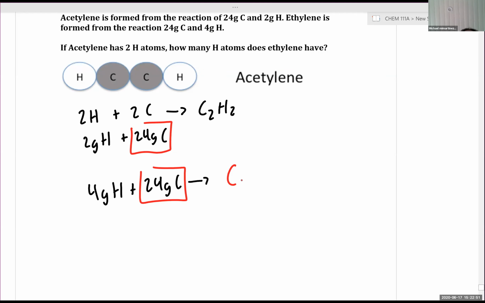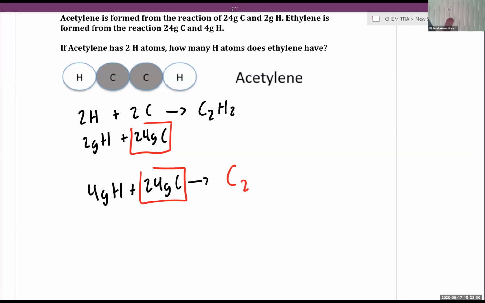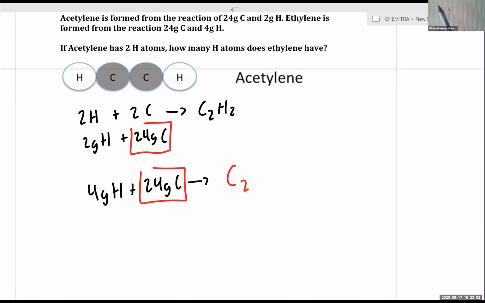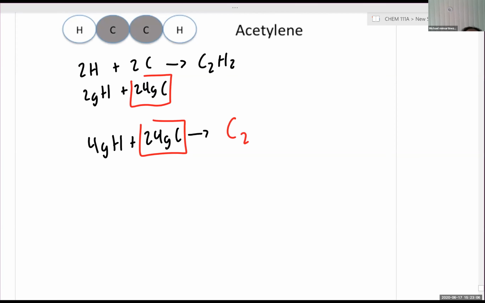So the atoms of carbon in our product will be the same. Both of these compounds have 2 carbon atoms. Now let's figure out the number of hydrogen atoms. In our second trial, we have 4 grams of hydrogen. In our first trial, we have 2 grams of hydrogen.